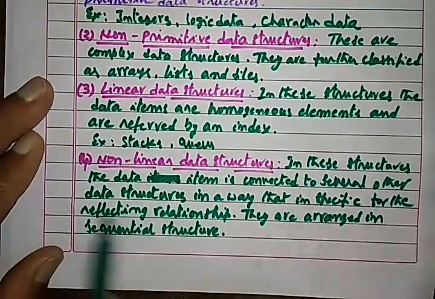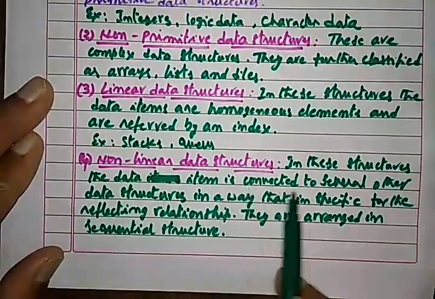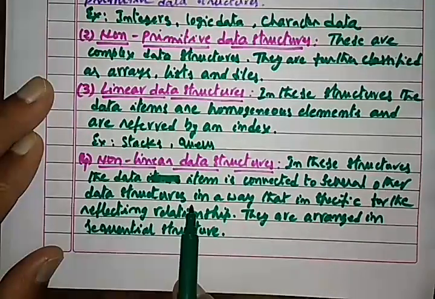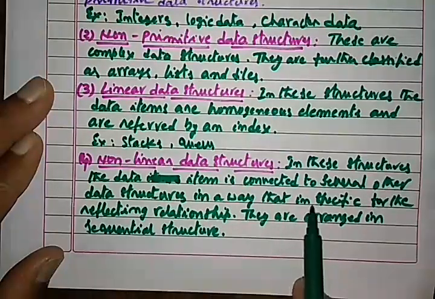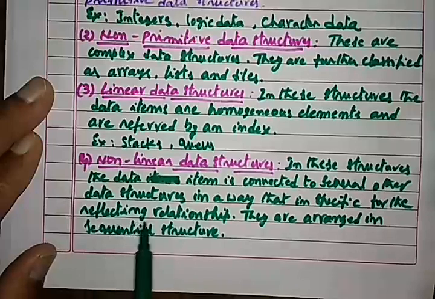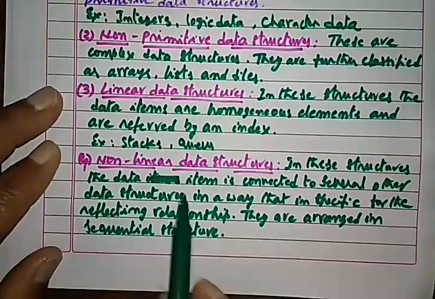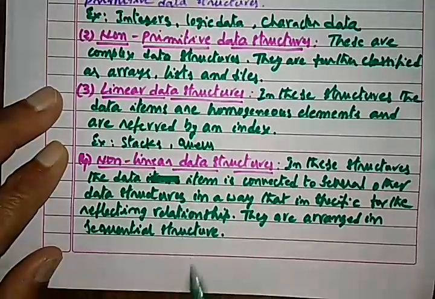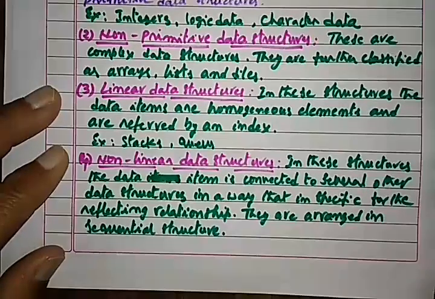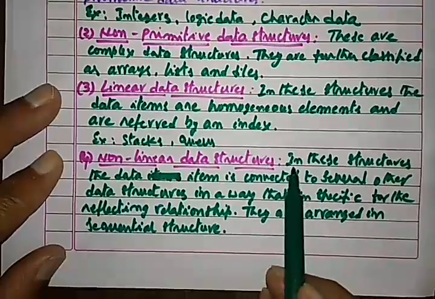In these structures, the data item is connected to several other data structures in a way that reflects a specific relation. So these data you cannot store in one place, because it is maybe big or it is connected to many other things. That is explained here.